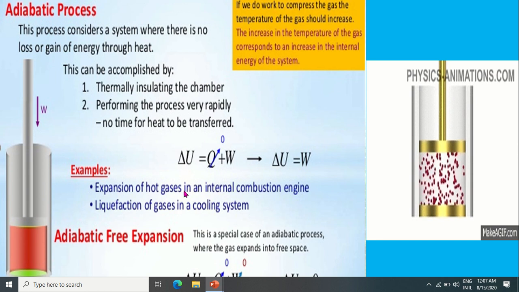Examples are expansion of hot gases in an internal combustion engine and liquefaction of gases in a cooling system. So this is a special case of an adiabatic process, adiabatic free expansion, where the gas expands into free space. Look here, no heat is supplied.